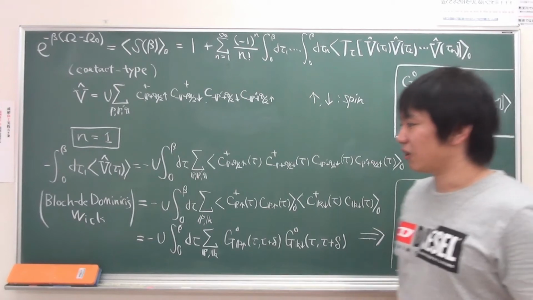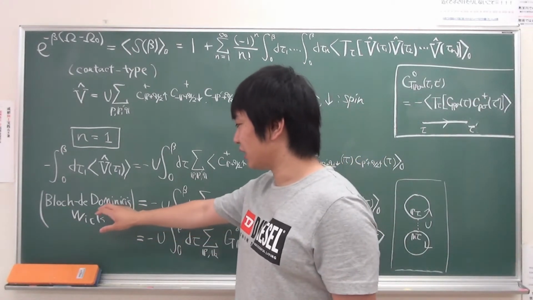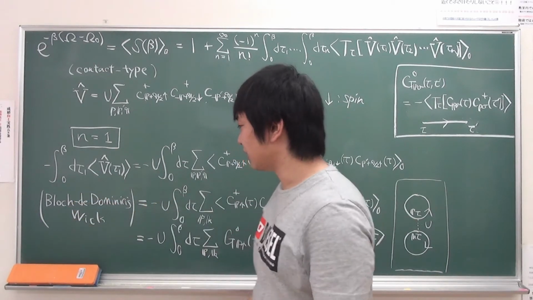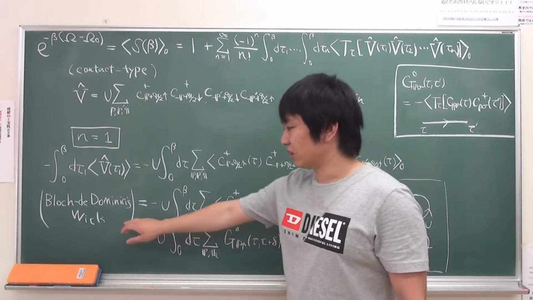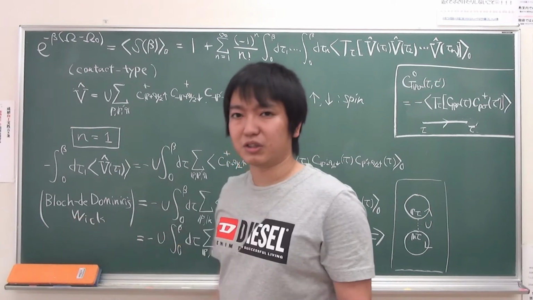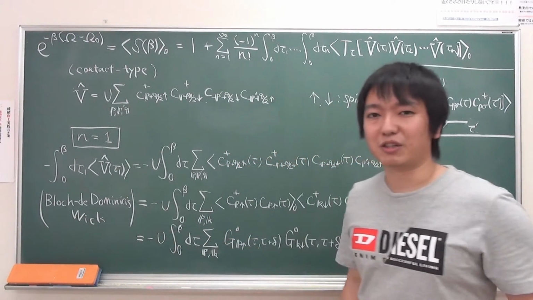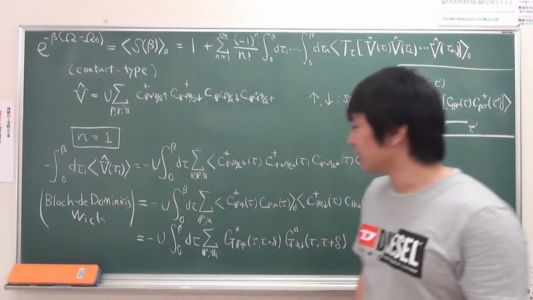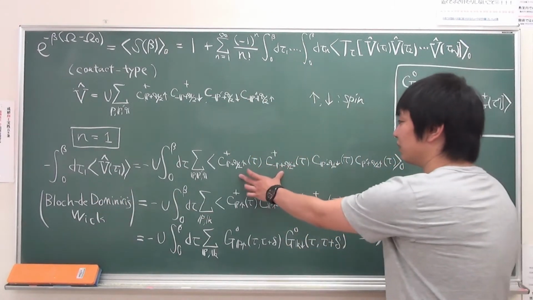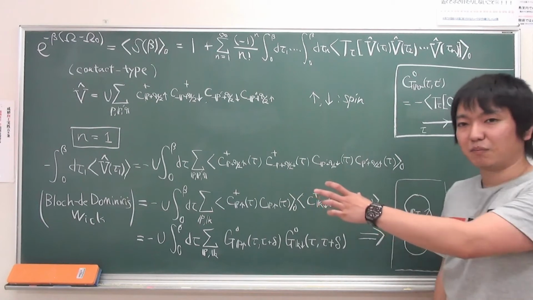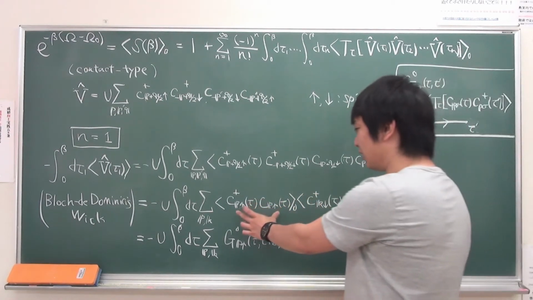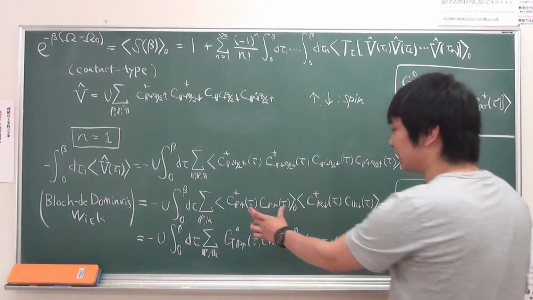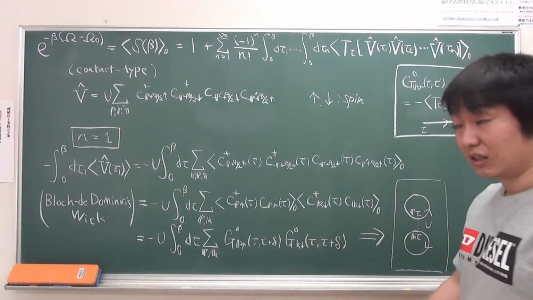Also, I do not show the details, but we can use the Bloch-De Dominicis theorem, otherwise sometimes called the Wick theorem. It depends on finite temperature or zero temperature. Anyway, we can use this kind of theorem. Then this thermal average can be decomposed into some C dagger C products.